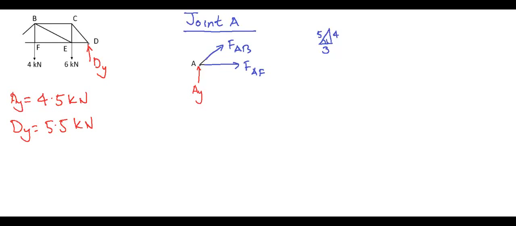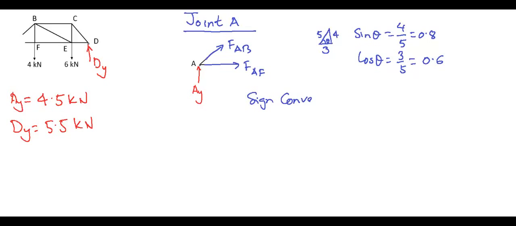Vertical is given 4 and horizontal is given 3, so we can calculate the sine theta and cos theta made by member AB as 0.8 and 0.6 respectively. Now use the normal sign convention, vertical upward positive and horizontal rightward positive, for the equilibrium equations.